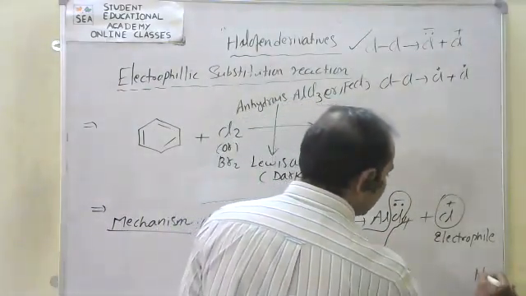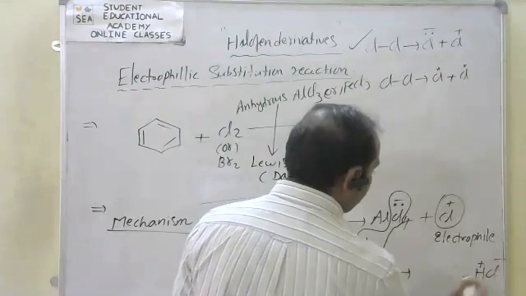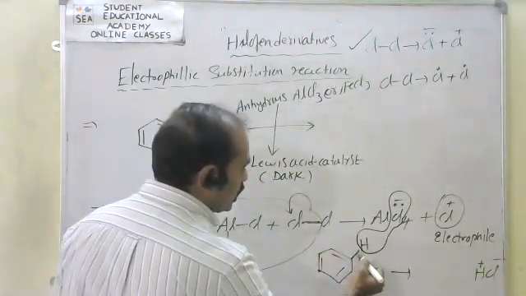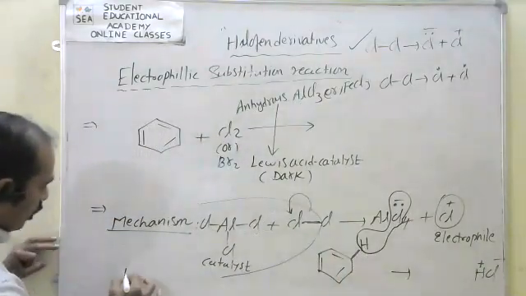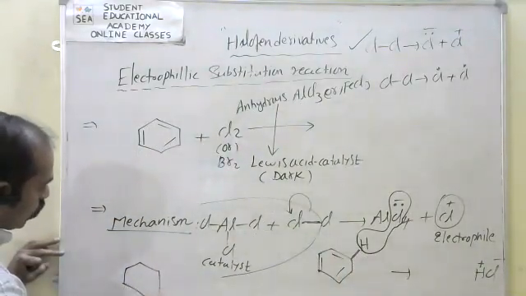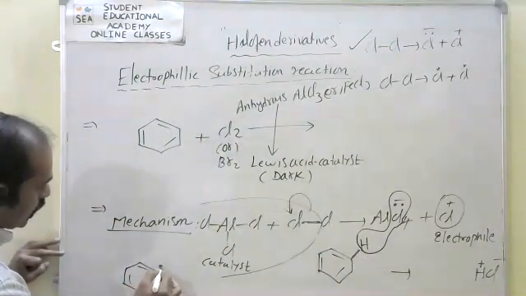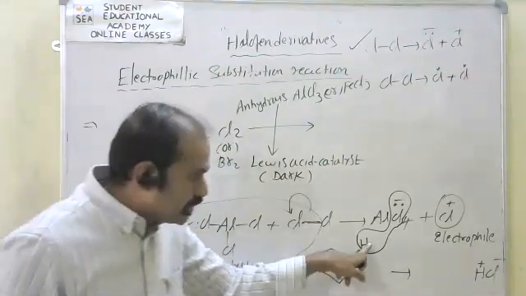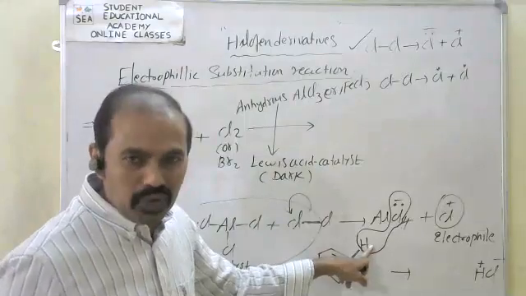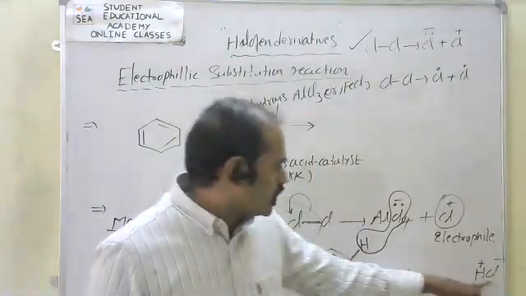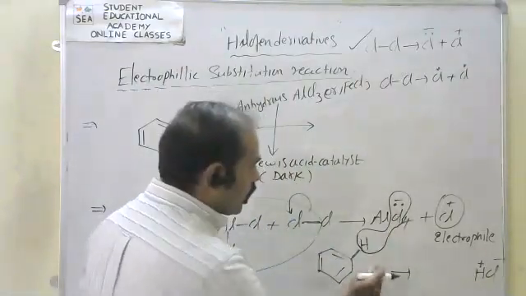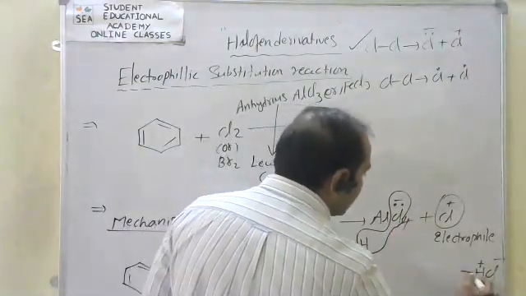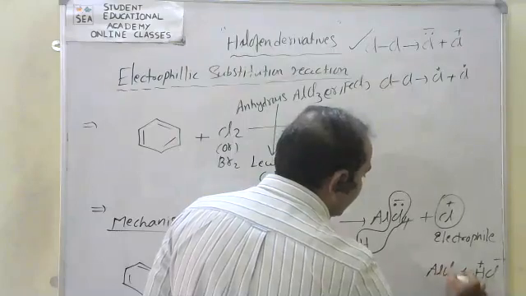Here we get the HCl. H plus means no electrons, while the benzene has 2 electrons, which gives it an indirect negative charge. So with Cl minus, what remains here is AlCl3. As it is, the AlCl3 is eliminated.